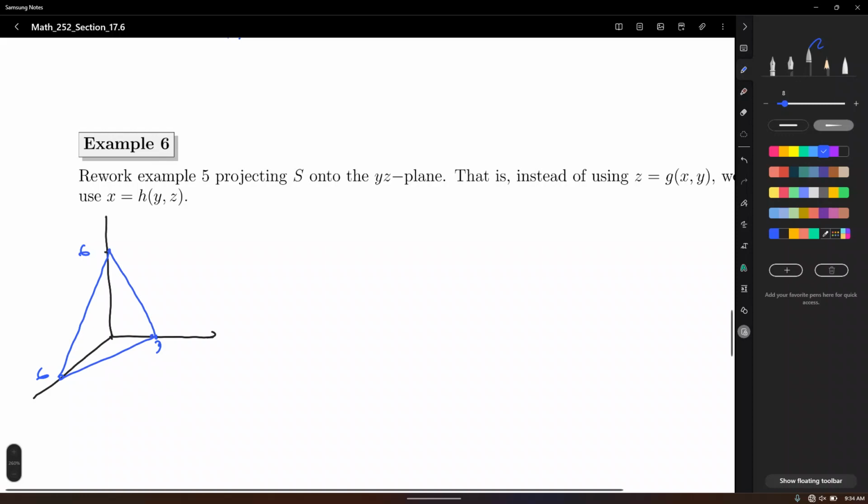Here's the thing. The reason why we always evaluated double and triple integrals projecting onto the XY plane is because the XY plane helps us better see the solid as bounded below by the floor and bounded above by the roof, right?